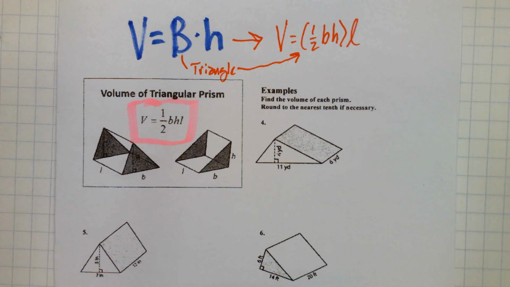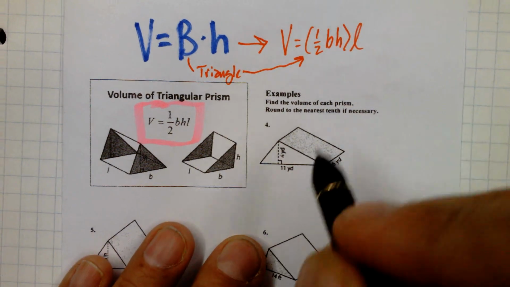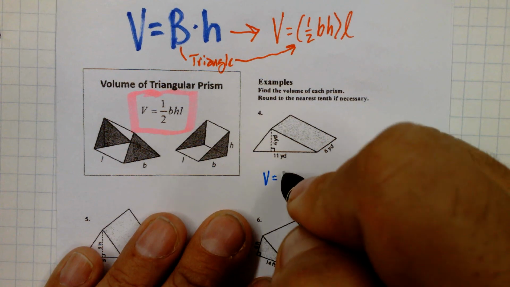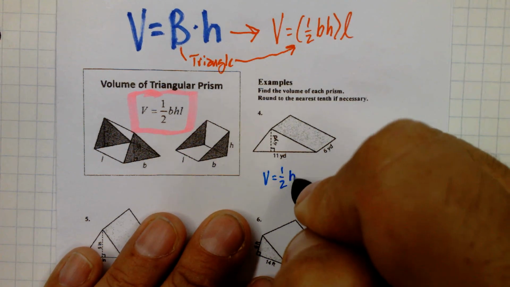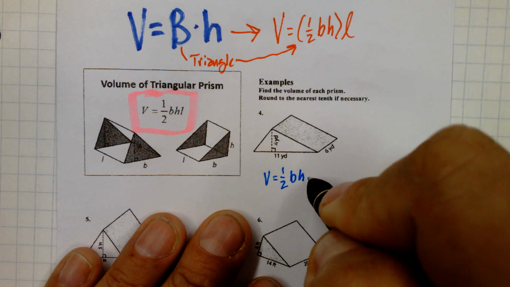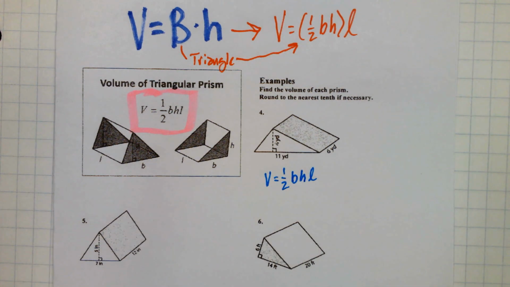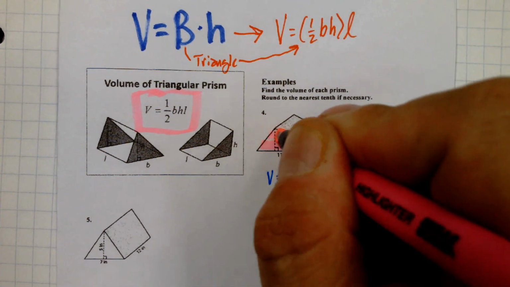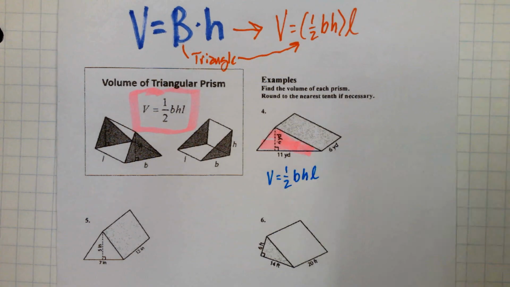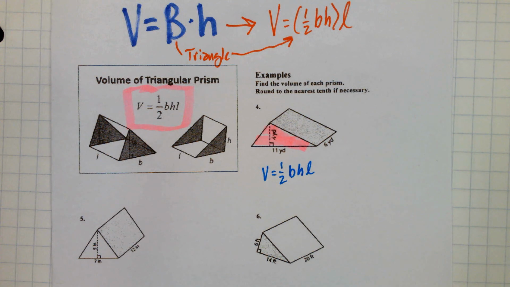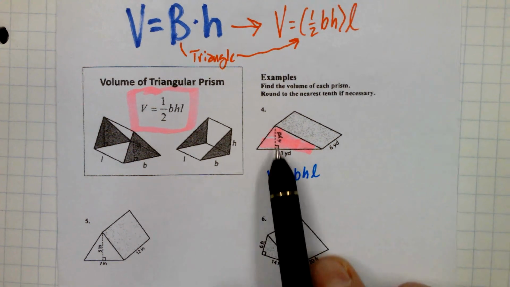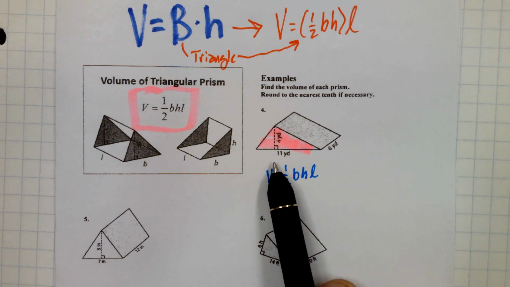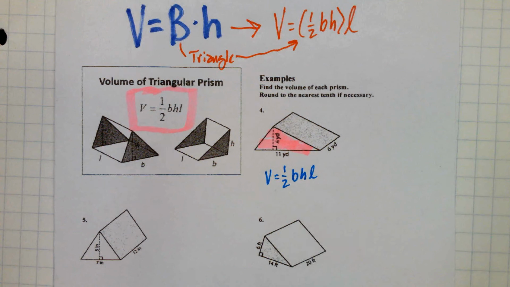So let's practice. Here is the formula. Volume equals 1/2 base times height of the triangle times the length. So let's look at our triangle. Here it is. This is our triangle. So we have these 2 numbers. I want you to get in the habit of picking these correctly. Think about which one is the base and which one is the height?